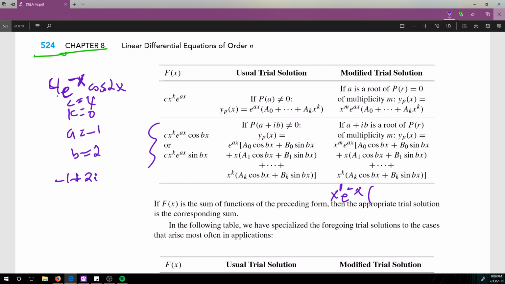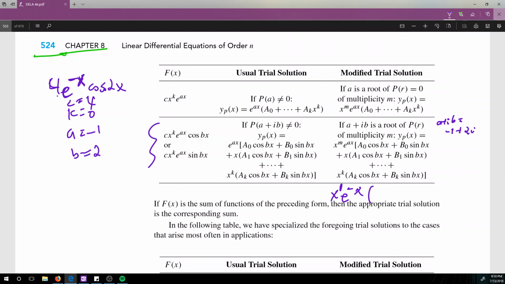So I have this written on the left-hand side. We reduce that c is 4, k is 0, a is negative 1, and b is 2. From that we see that a plus ib in our case is equal to negative 1 plus 2i.